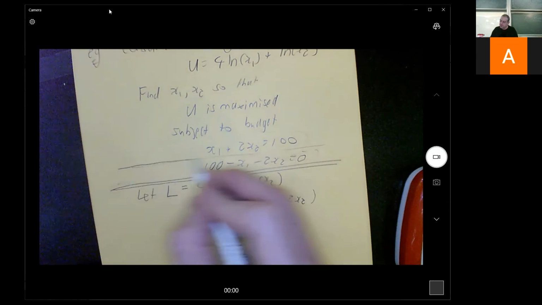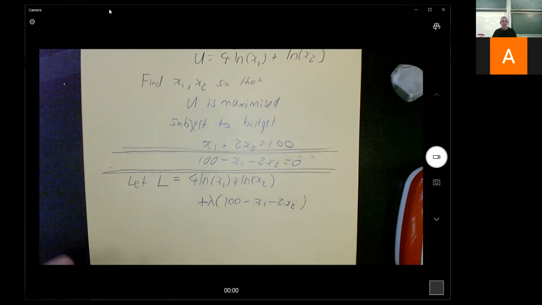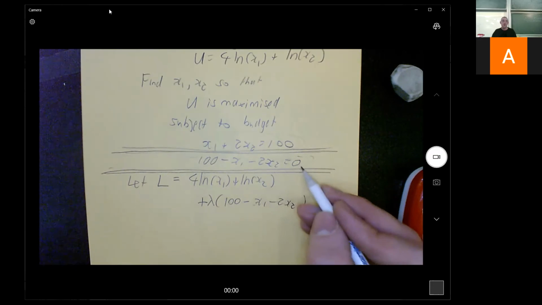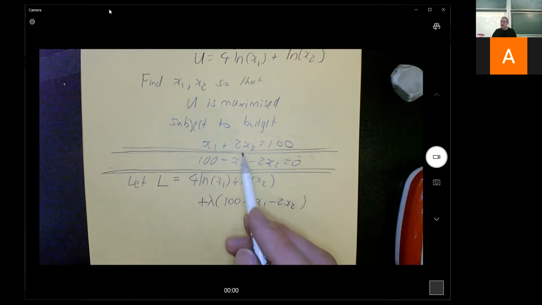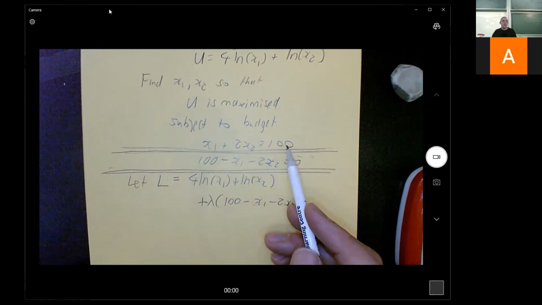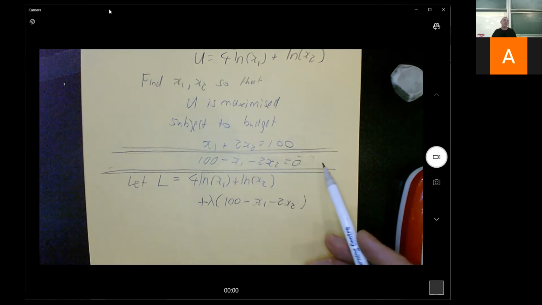So the first step of the working, sorry about that, is actually, you can do it in your head, but we're basically trying to make my constraint about being equal to 0. So we're saying, well, if this is the budget, this is how much I've spent, and it's equal to the budget. And so the budget minus the amount I've spent would be how much I've got left.